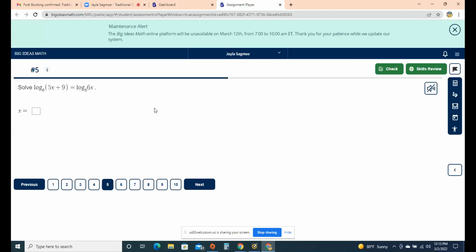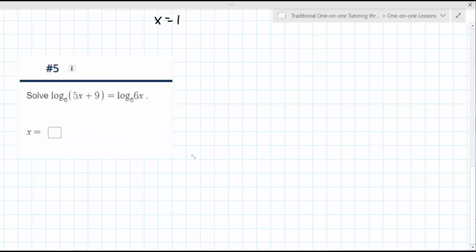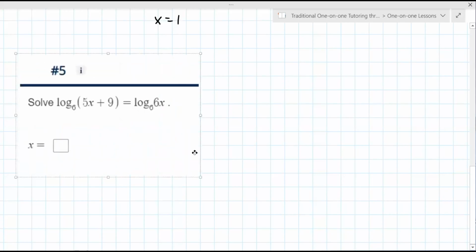All right, this looks like you're sharing your screen again. This one's really similar to the last one. I'll grab it, snip it in. We are going to set the part inside the log equal to each other, but let me share my screen so you can see that. If you're seeing my screen again, they don't write the parentheses around the 6x, but they should.